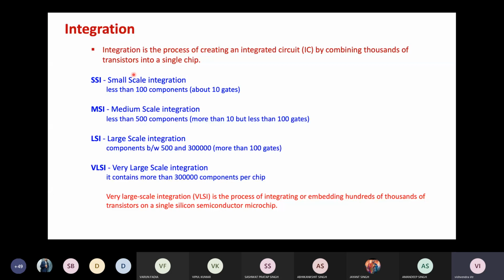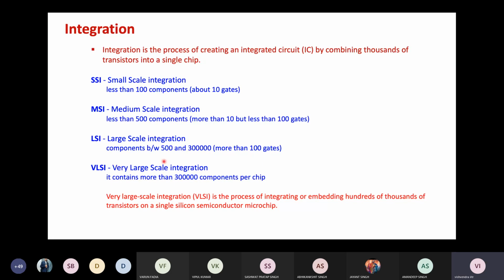And there are four kinds of integration. One is small scale integration. This used to be in the early 1970s when we had almost 100 components on a single chip, around 10 gates. Then medium scale integration, around 500 components on a single chip. Then came large scale integration, in which up to 300,000 transistors were there on a single chip.